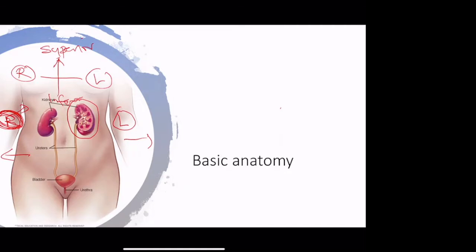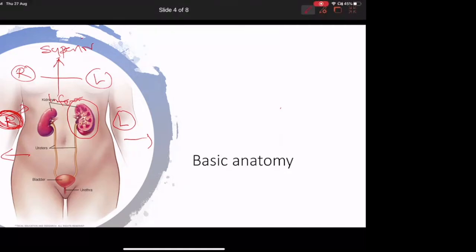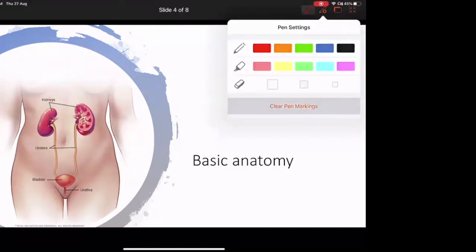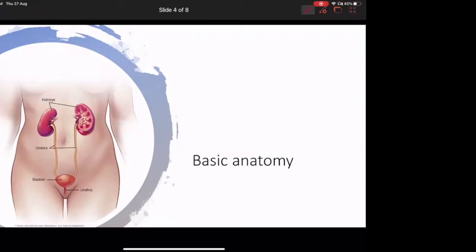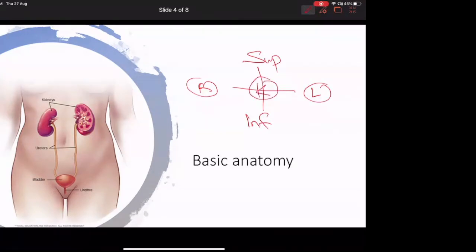That's why sometimes you all don't understand, hey, the left and right are a bit funny. So remember, we are always relative to the patient. This is the patient's left. This is the patient's right. This is the superior aspect, inferior aspect. So let's say you use the kidney as the reference point here. This is how we orientate.